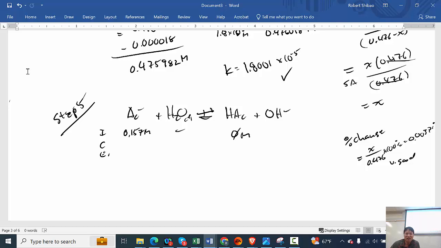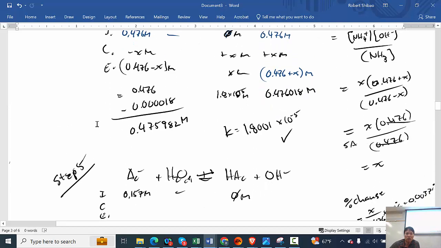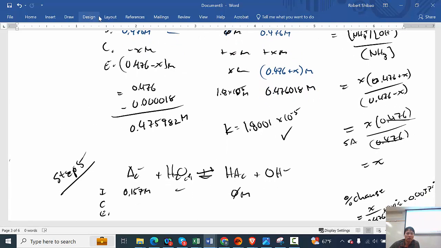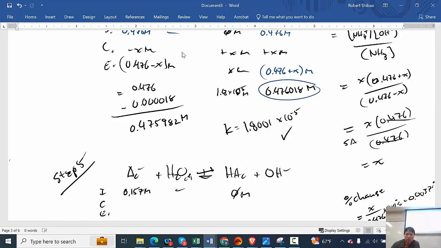And the hydroxide we'll have to carry down from step 4, 0.476018.